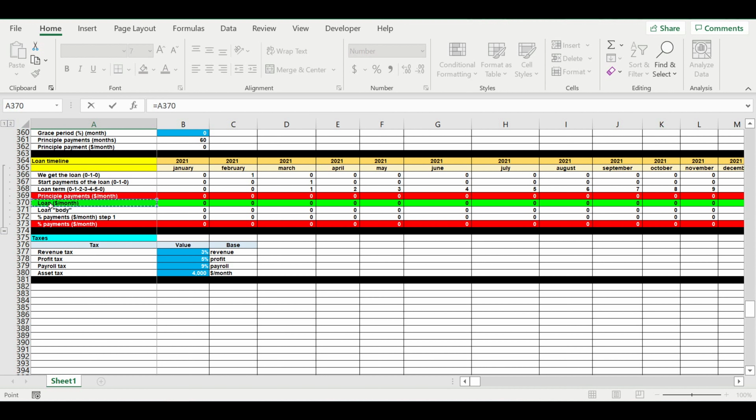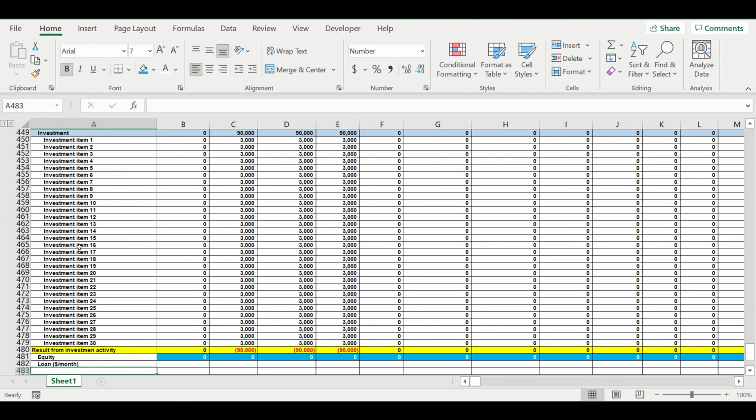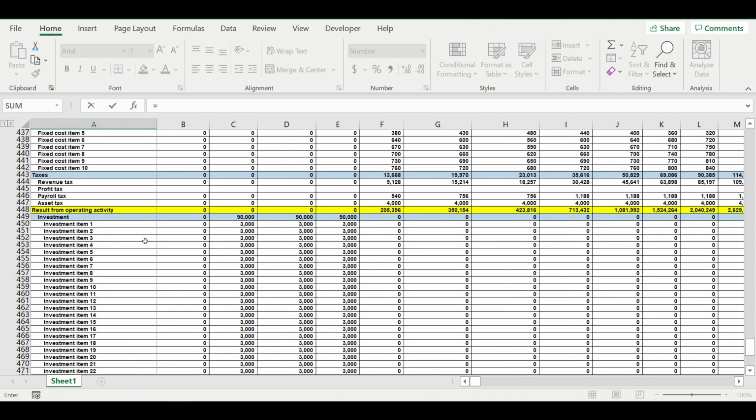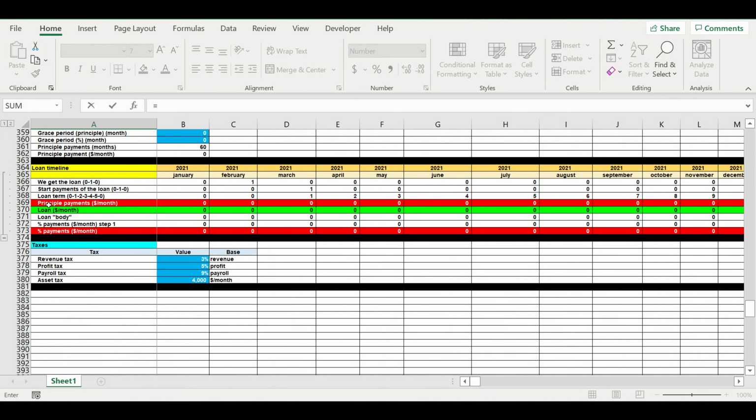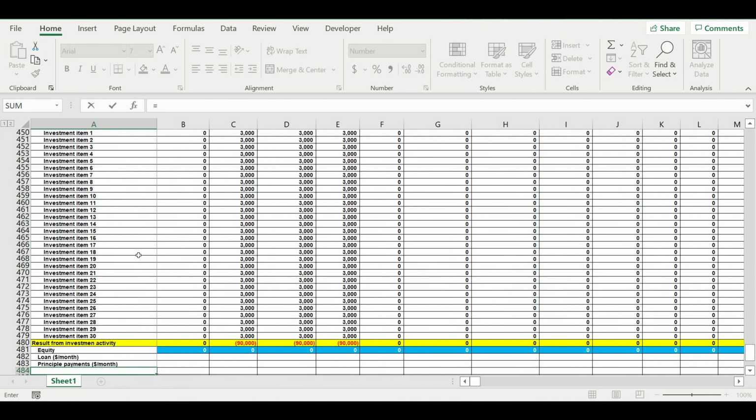When we get the loan, we place the principal payments, then we place interest payments.